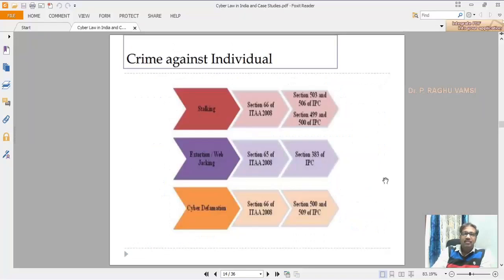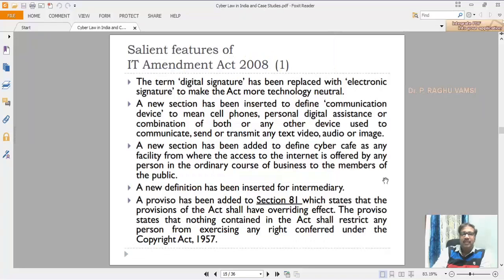What are the salient features of the IT Amendment Act 2008? Whatever sections are available in IT Act 2000 are also available in the IT Amendment Act, but some modifications and more clarifications have been added, with some new linkages to the previous acts and modification of the previous acts.